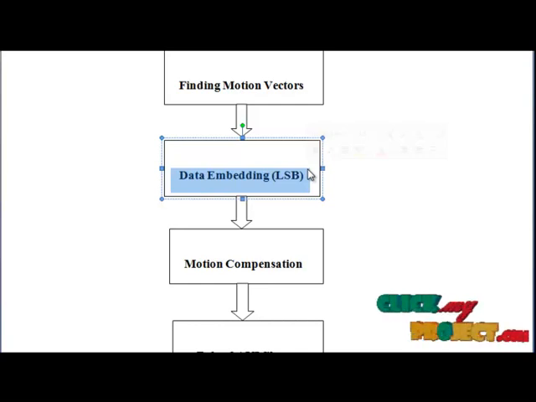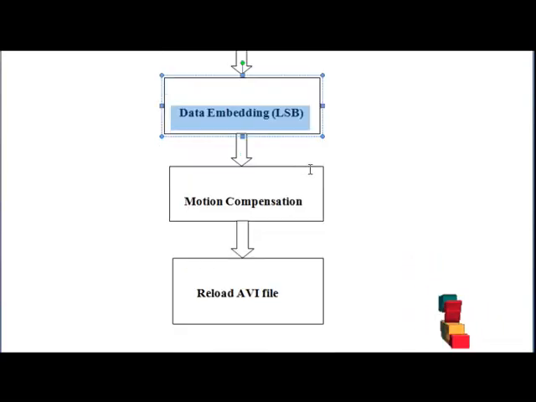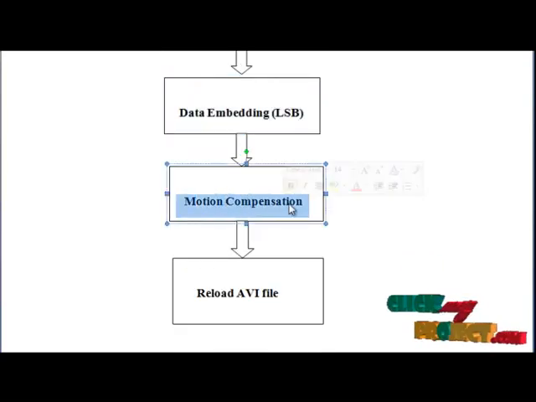Since the threshold used for each frame is different, we hide the 8 values for the group of pictures in the I frame using any robust image data hiding technique, or send them on a separate channel based on the application. And the next step is motion compensation. Motion compensation is an algorithm employed in the encoding of video data for video compression.